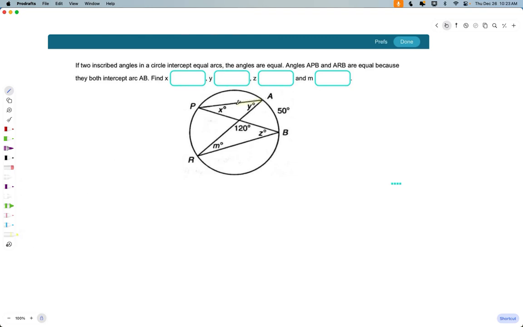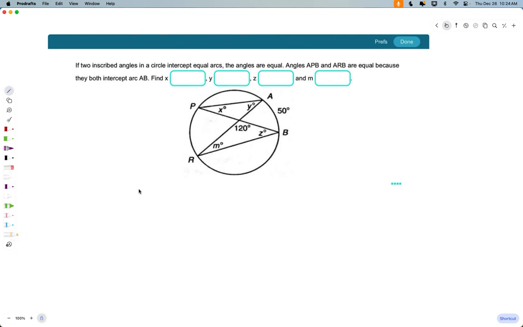So this right here, this angle is the same as this angle. Can you see that? Is that dark enough? I don't think that's dark enough. Let me make that a little bit darker so you can see it.